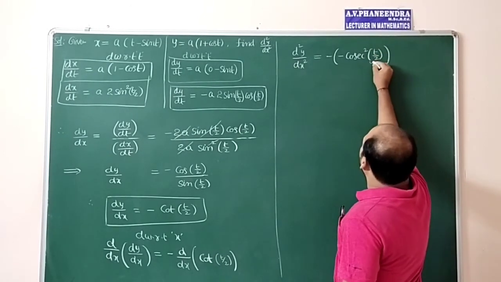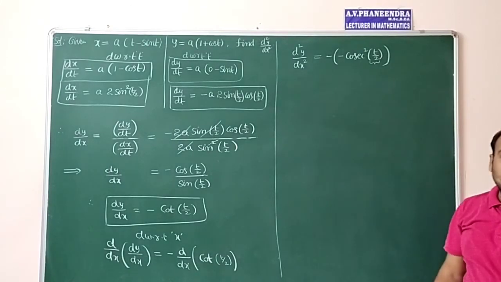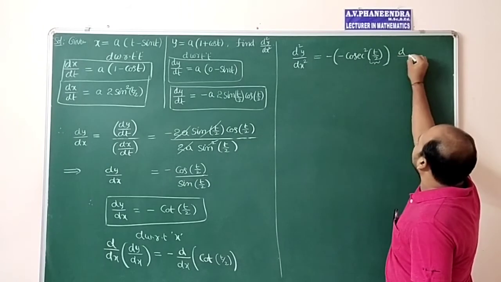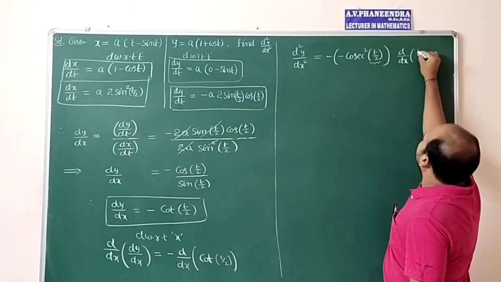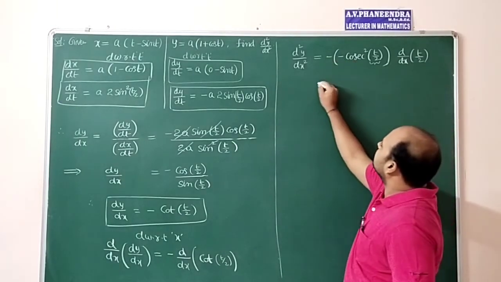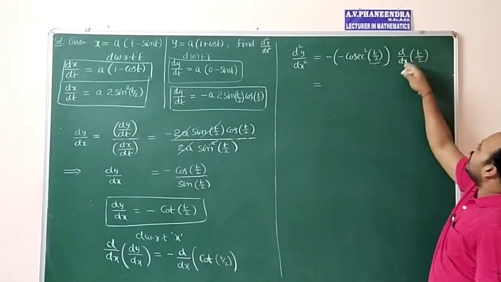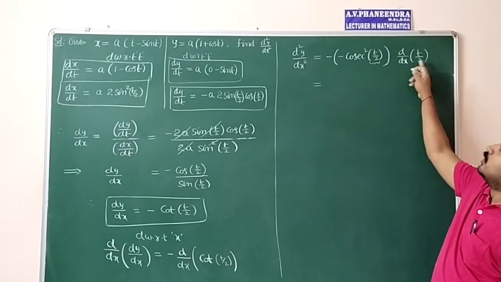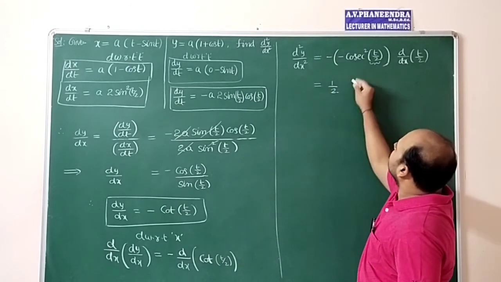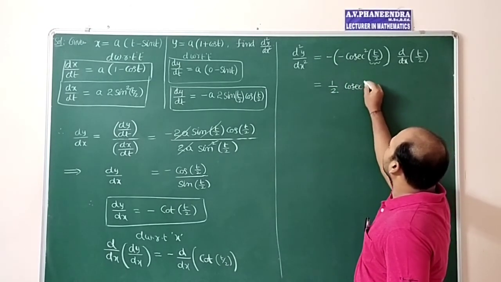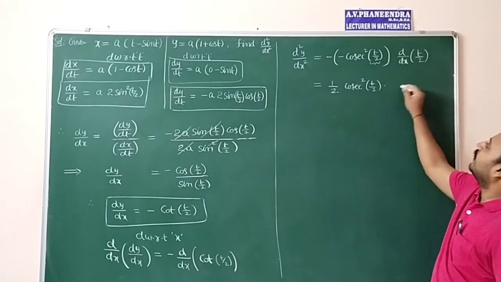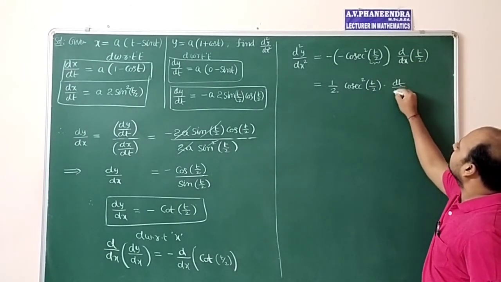Again, whatever the function involves, we have to differentiate with respect to x, so d by dx of t by 2, that we have to remember. Minus into minus is plus. d by dx of t by 2: the 2 we can take outside in the denominator, that means 1 by 2. Observe carefully, cosecant square t by 2 into d by dx of t, that means dt by dx.